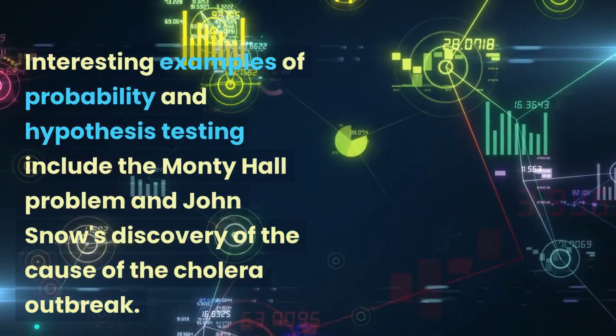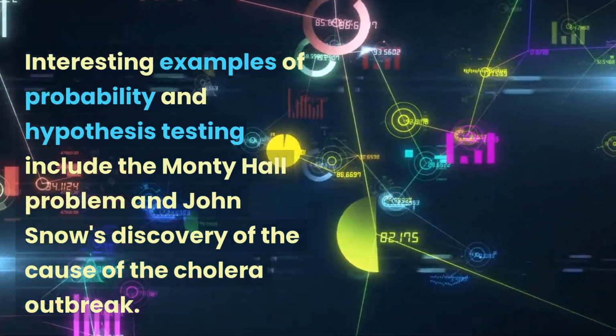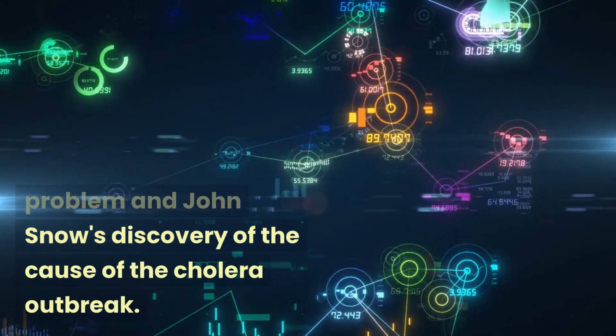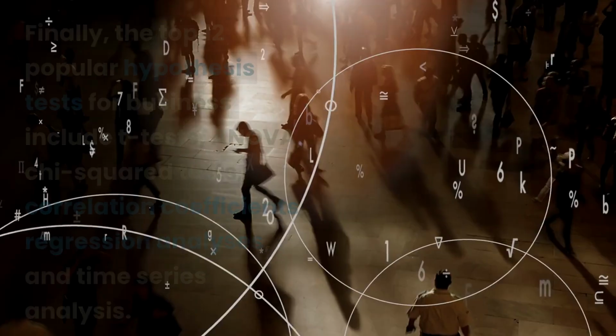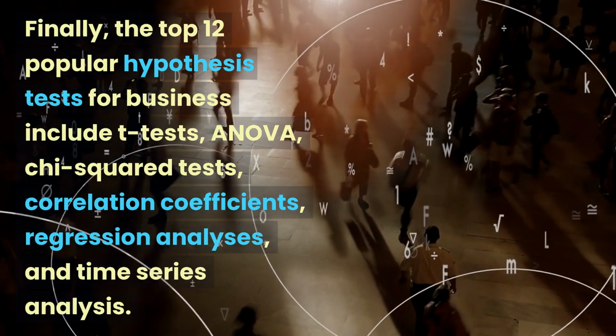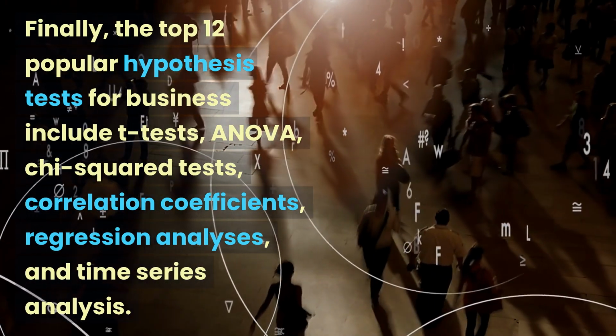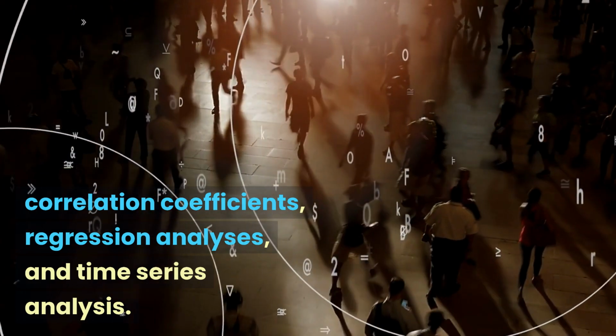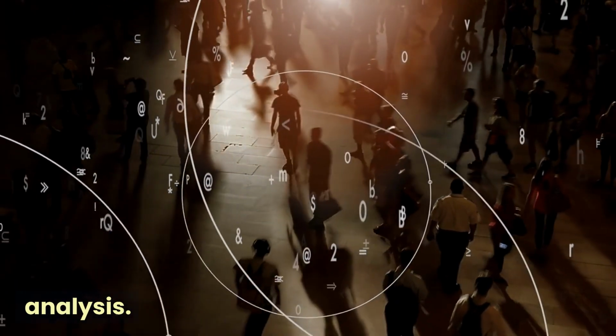Interesting examples of probability and hypothesis testing include the Monty Hall problem and John Snow's discovery of the cause of the cholera outbreak. Finally, the top 12 popular hypothesis tests for business include t-tests, ANOVA, chi-squared tests, correlation coefficients, regression analyses, and time series analysis.